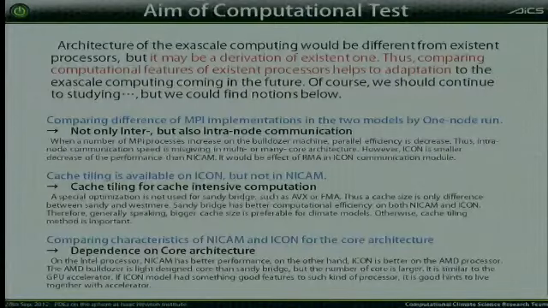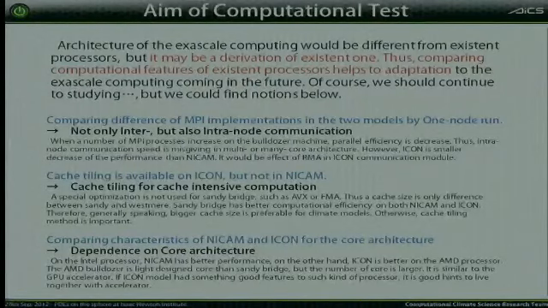So the aim of the computational test is we want to find some hint for exascale computing. The architectures of exascale computing would be different from the existing processors, but it may be a kind of deviation of the extent one. Thus, comparing the computational features of the extent processors helps adaptation to the exascale computing coming in the future.